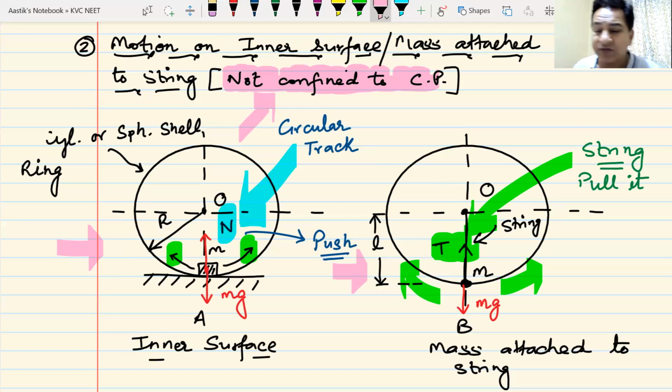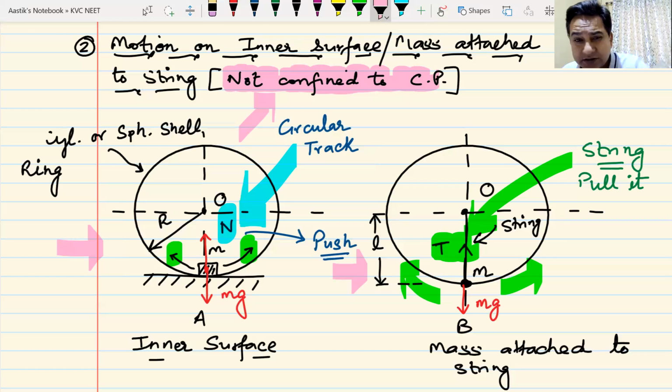Similarly, if tension becomes zero on the right hand side, this body will not follow the circular path and it will leave the circular path. Therefore, we call such a motion as not confined to a circular path.